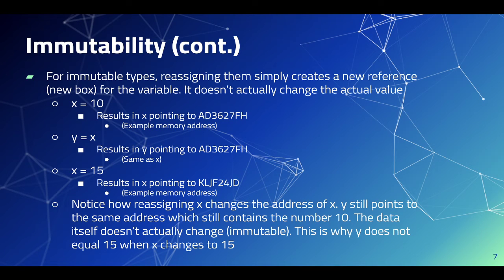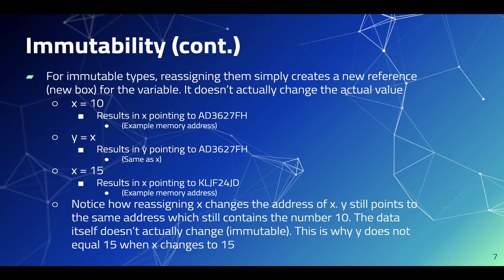So let's talk about immutability again. The immutable data types were integers, floats, booleans, strings, and tuples. And what happens there when we are assigning it to a different reference? Well, when we do x is equal to 10, again, we might have a memory address called AD3627FH.